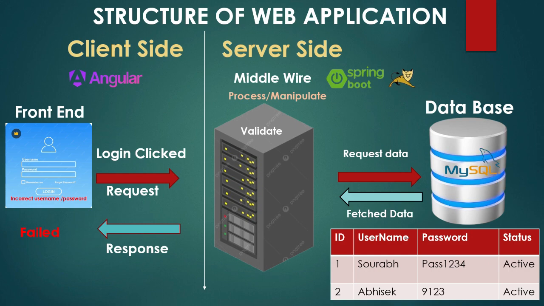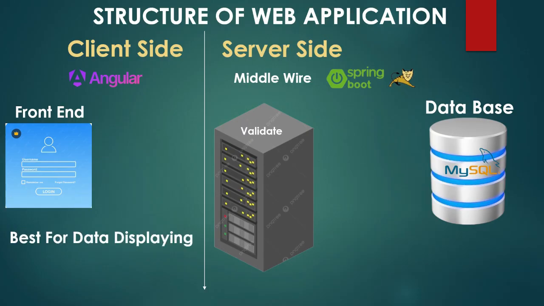and the database with MySQL. So what is the need for developing this application with three technologies: front end with Angular, middleware with Spring Boot and database with MySQL? Because front end technology is best for data displaying, not for data processing. That's why we are developing the front end part with Angular. Angular is best for data displaying.